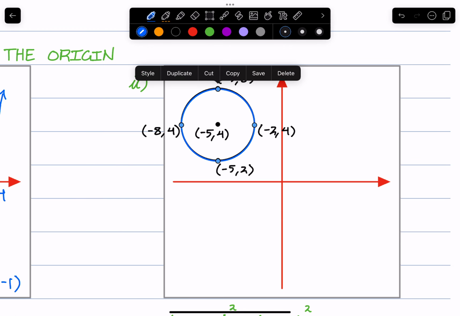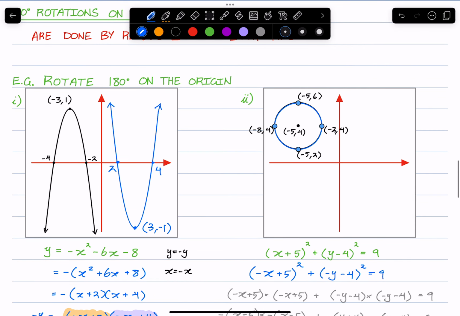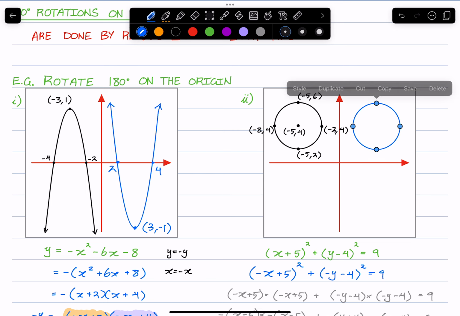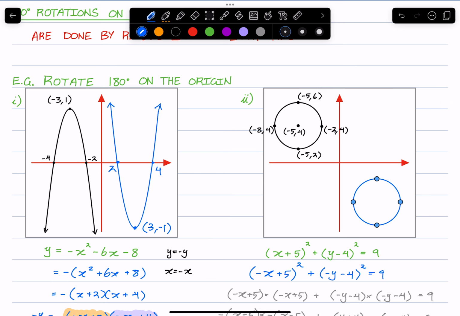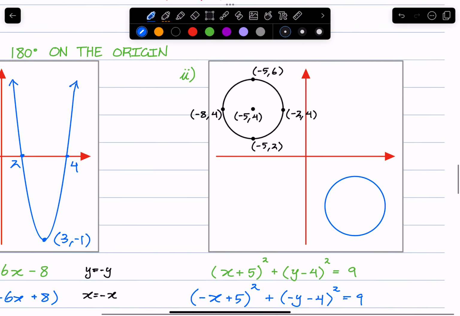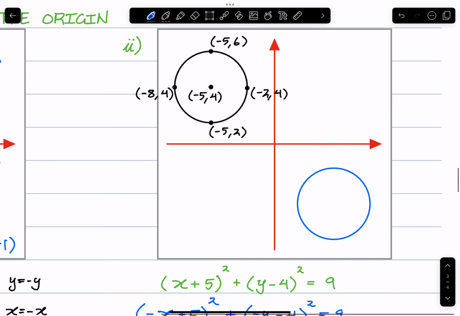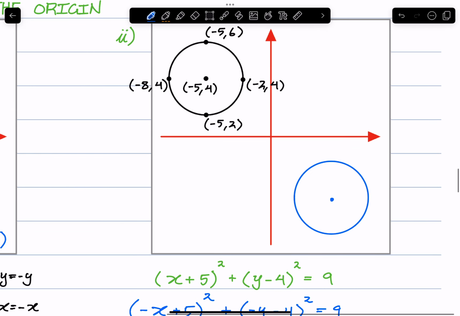And since we know it's going to be a reflection on the x-axis, it would be here. And then reflect on the y-axis again would go down here. And so marking in all those points, the center of this would be a negation of both of these, so it'd be positive 5, negative 4.